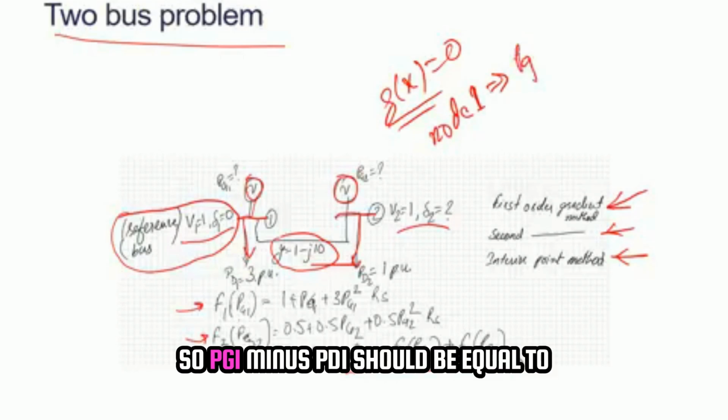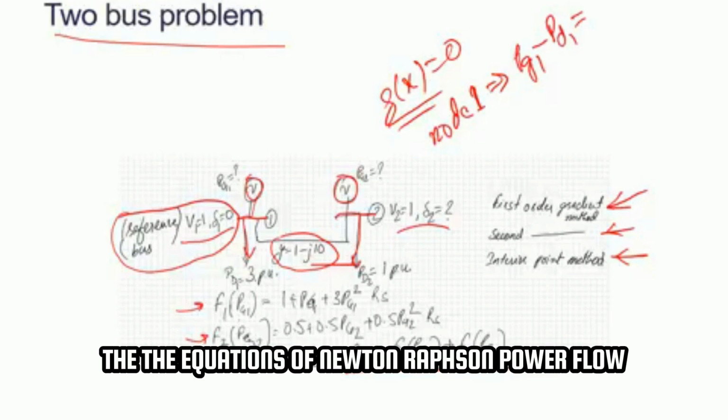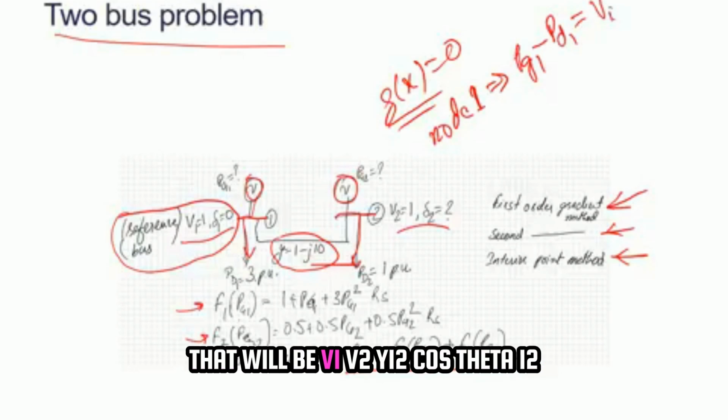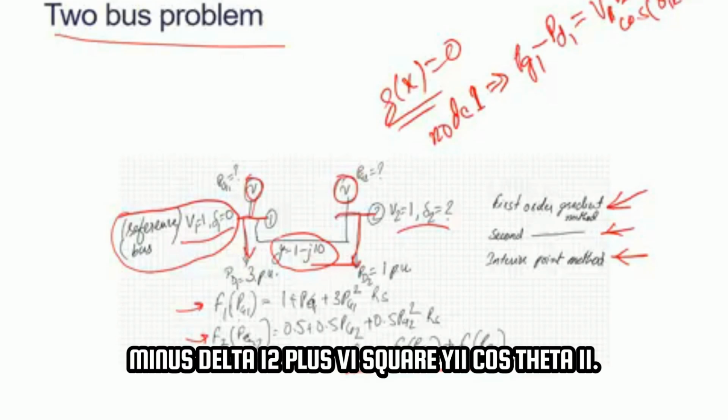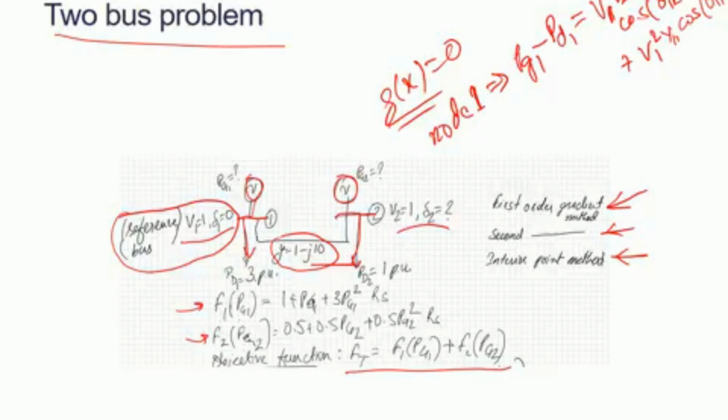So PG1 minus PD1 should be equal to the equations of Newton-Raphson power flow. That will be V1 V2 Y12 cos(theta12 minus delta12) plus V1 square Y11 cos theta11.